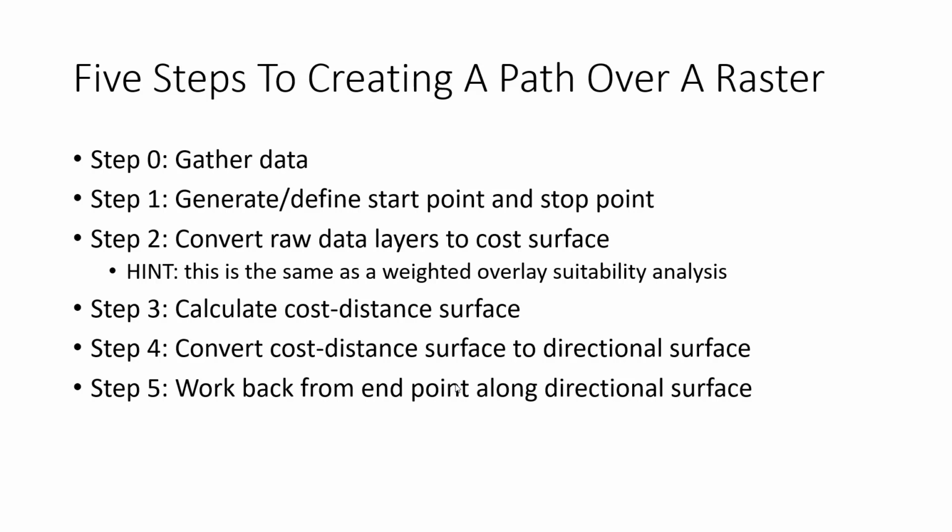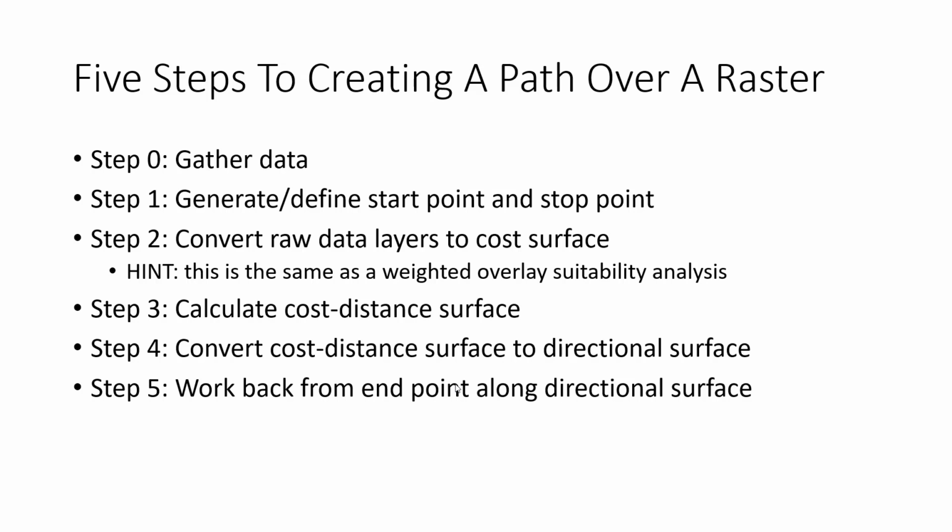Then we're going to convert all of those raw data layers, so in our case the distance to roads, elevation, and precipitation, into what's called a cost surface. And this cost surface is going to look very, very similar to how we did the weighted overlay suitability. Just the interpretation of what the values mean is going to be slightly different.